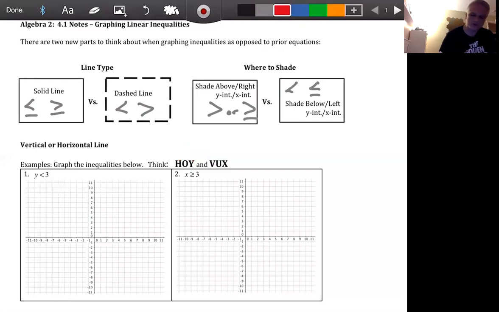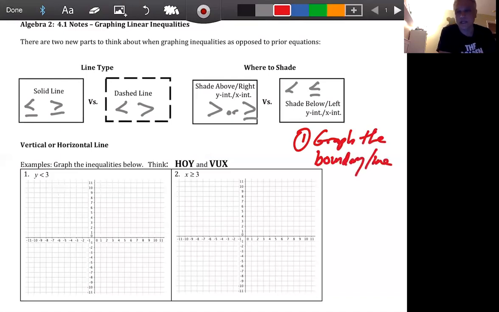Step number 1 is graph the boundary line. Treat it just like it said equals instead of the greater than or less than, and graph it. Step 2, make sure that you know if it's dashed or solid.